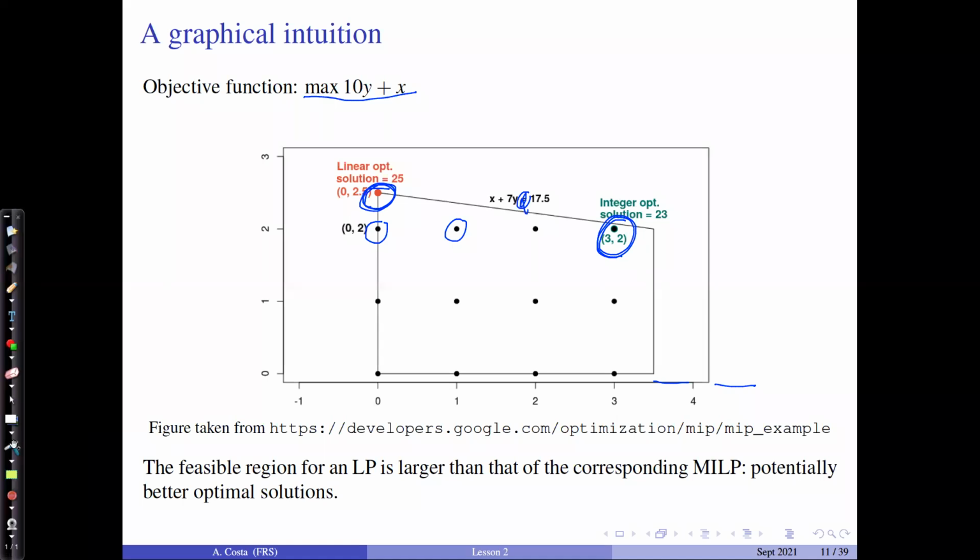So that was just to give you a graphical intuition on what is mixed integer linear programming. In this case, all the variables are integer, but in general, it can be a combination of integer and continuous. And at the same time, this is actually what I want to share with you about this. I don't want, again, to go into the details of the resolution strategy because this is not the objective of the course.